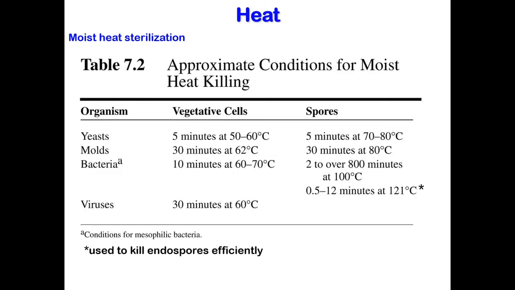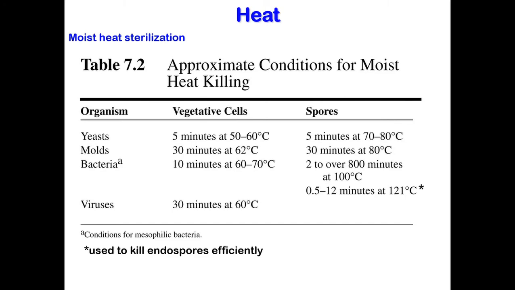And this slide shows the different temperatures that the autoclave needs to be heated to kill different microorganisms. And as you can see, a much higher temperature is needed to kill the bacterial spores. Okay, so you can see it's 0.5 to 12 minutes at 121 degrees to kill bacterial endospores.